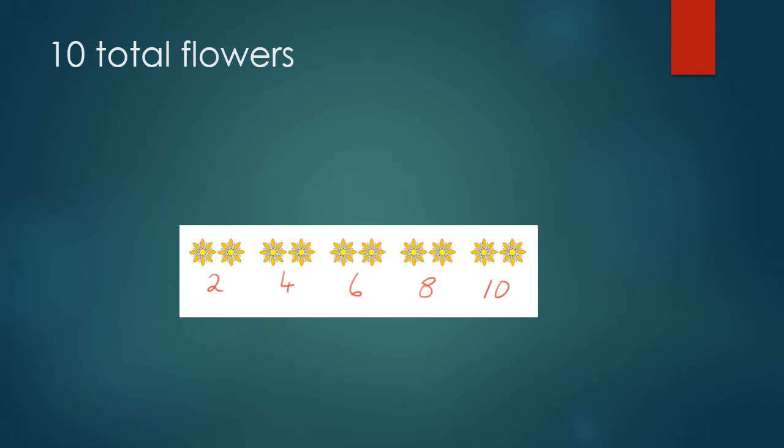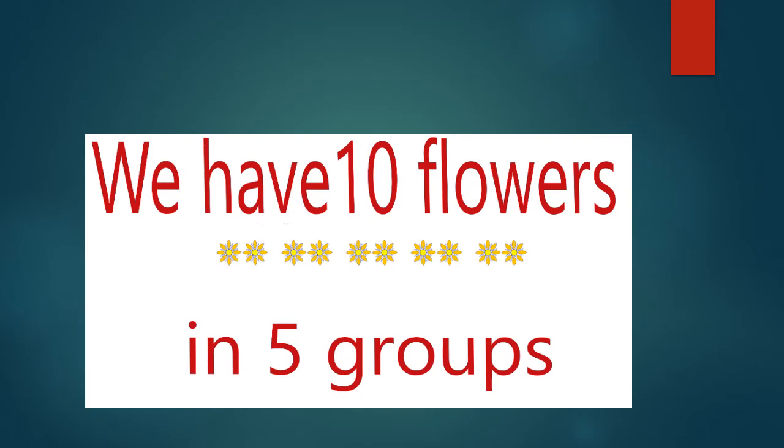There were 5 groups. So now we can count all of them, which equals 10 total flowers. We have 10 flowers in 5 groups. So, many of you know this already, but now we're going to do it in a math way.